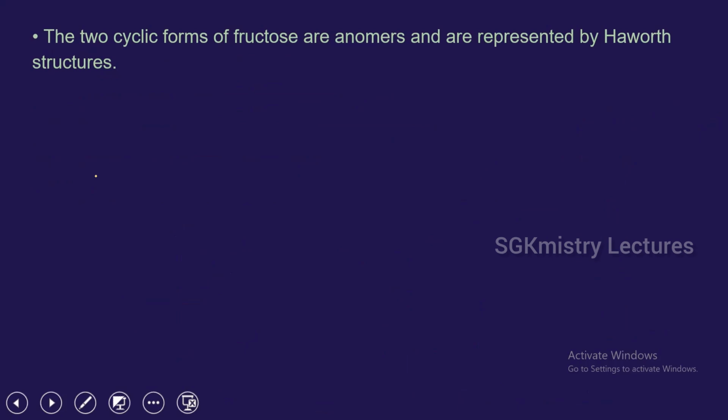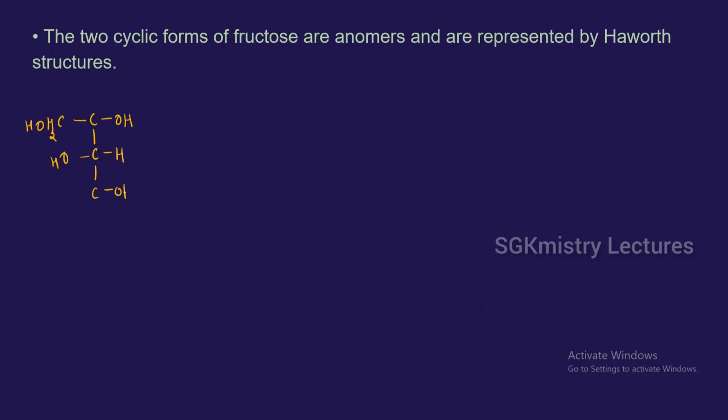So let us write the Haworth structure. First, let me write one of the cyclic structures, the hemiacetal structure we have got. Then based on that, I can write the Haworth structure, which will be much clearer to you. Let me write the alpha form. So CH2OH. Here we have HOH. The other two carbons have OH on the right side.